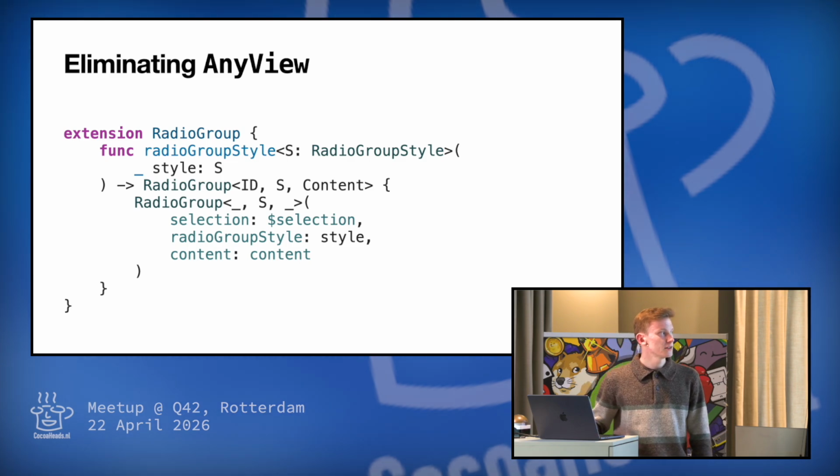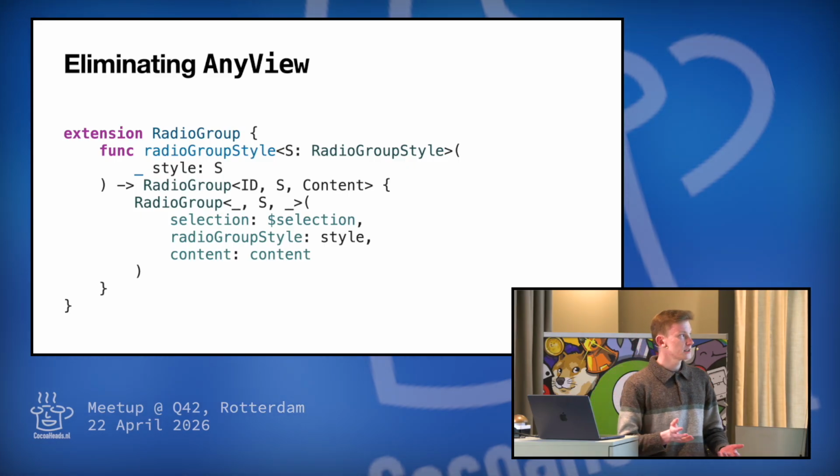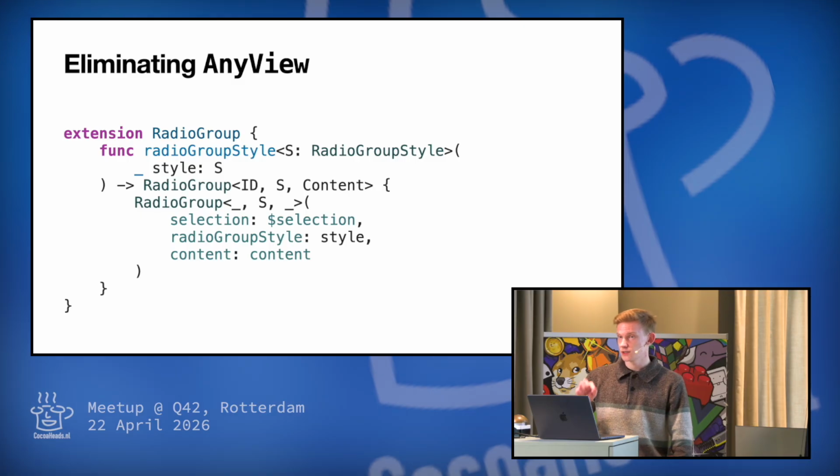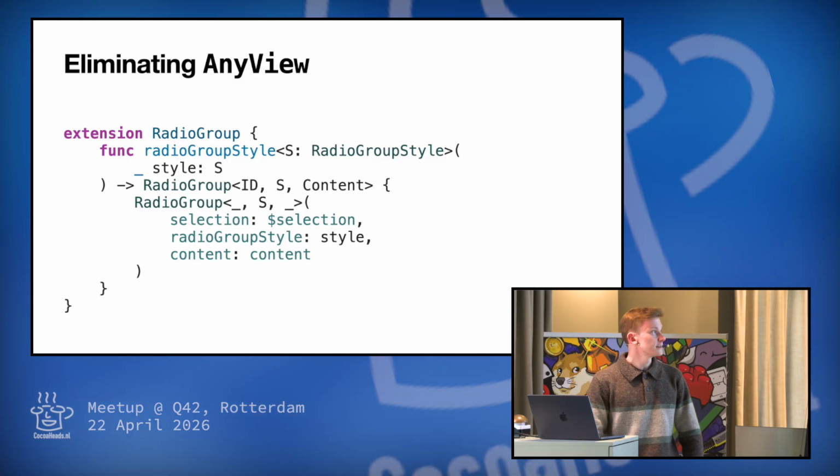Now, the disadvantage here is that you need to set this on the direct child of the radio group, just like you will with some of the image and text APIs. For example, resizable, you need to set directly on the image. It's the same thing, it's a disadvantage, but there are trade-offs.